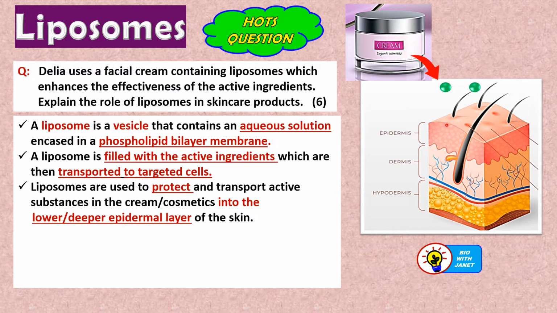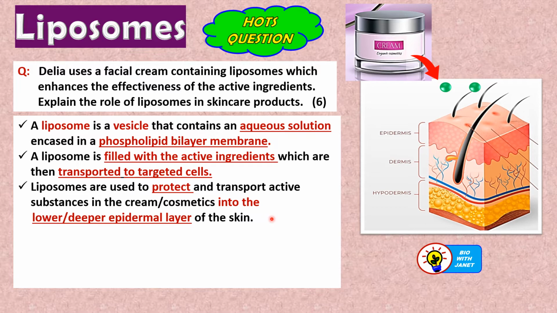The liposomes can help to transport these substances and protect them from oxidation or destruction, so that they can arrive at the lower parts of the epidermis, which contain the living cells. So that the cells can receive the active ingredients and maybe it will enhance the growth of the cells and the production of new tissues in the skin. All right, just as an example.